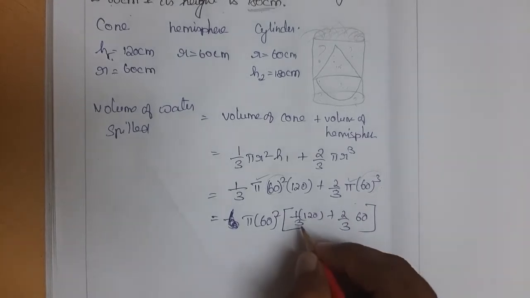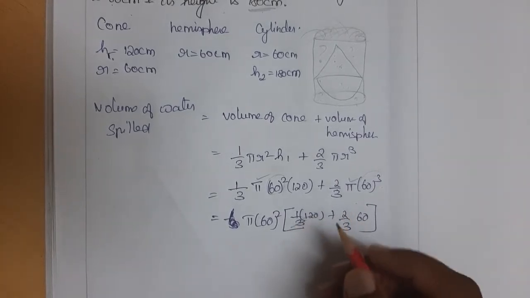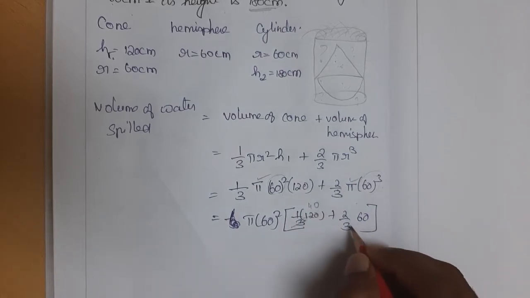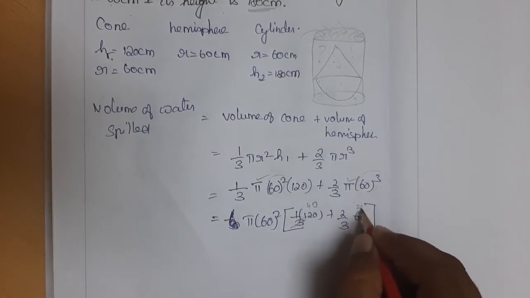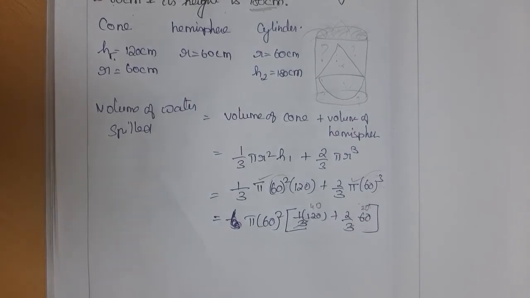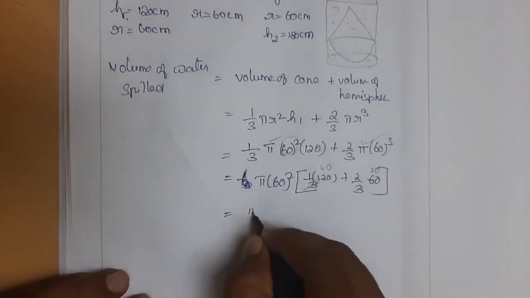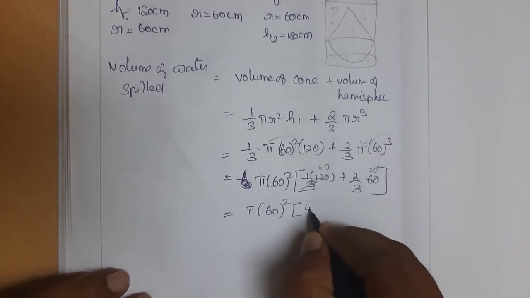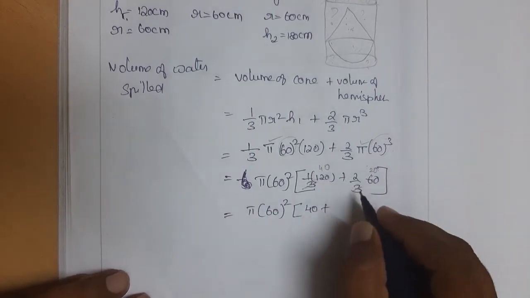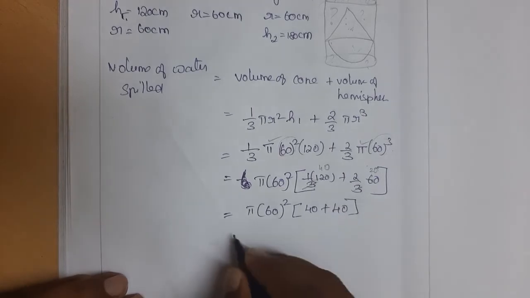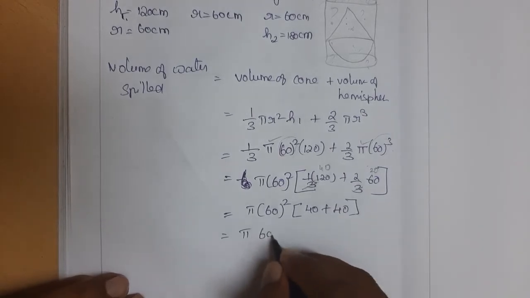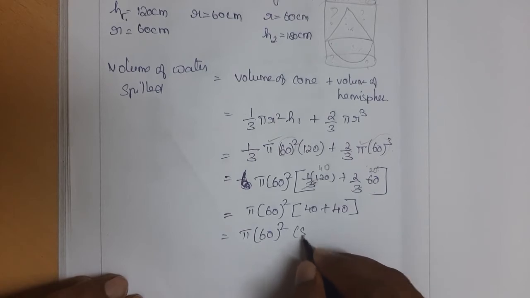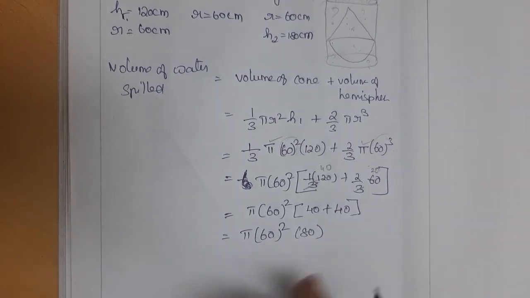Now we can cancel: 1 by 3 of 120 is 40, and 2 by 3 of 60 is 40. So pi into 60 square into 40 plus 40, which is pi into 60 square into 80. Don't multiply; let me substitute directly in the next step.